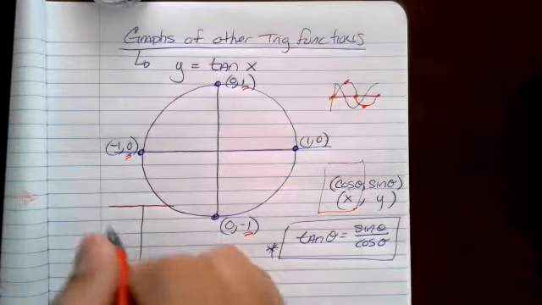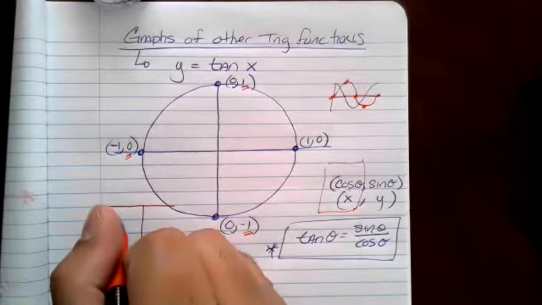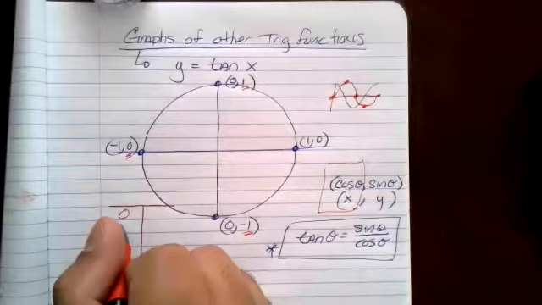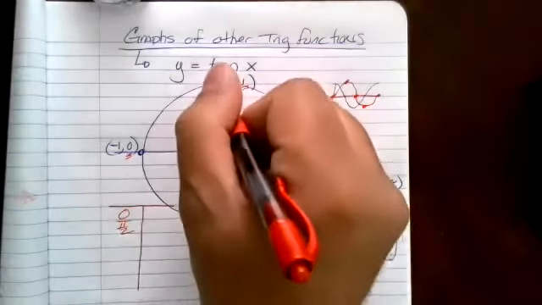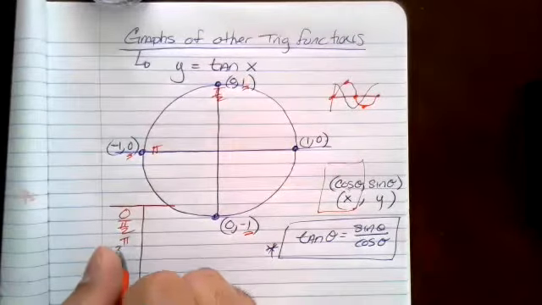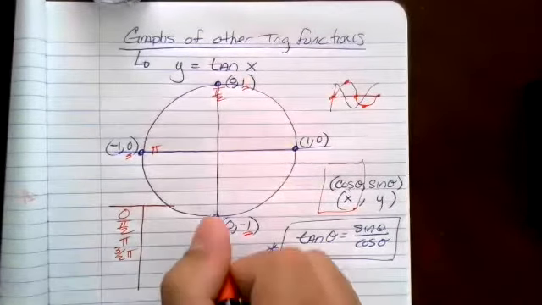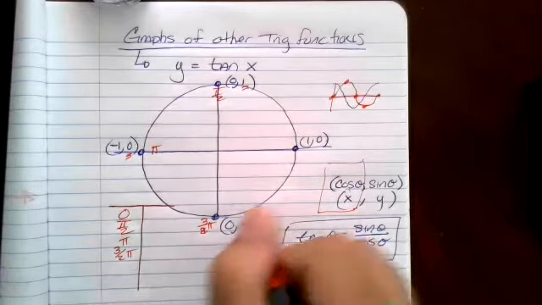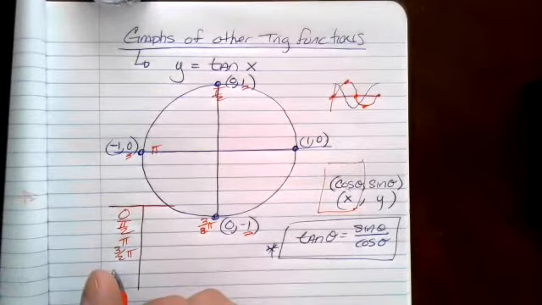If I look at 0 degrees, let's go in degrees, or no, let's not, let's do radians. So 0, pi over 2, pi, 3/2 pi, and 2 pi.